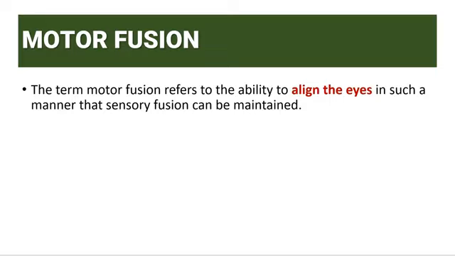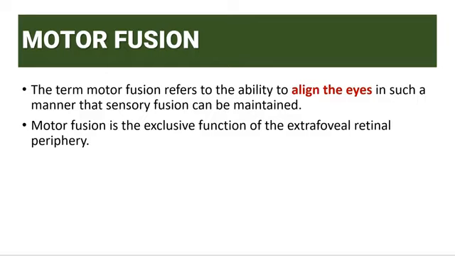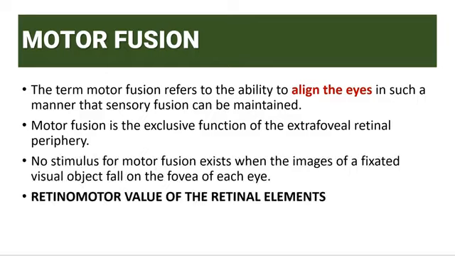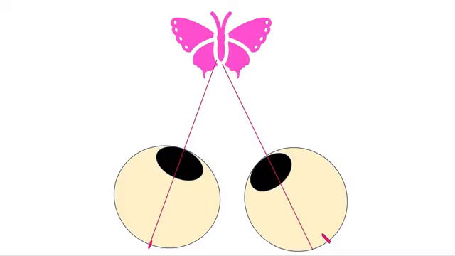When we talked about sensory fusion, we said that it occurs at the visual cortex level in the brain, whereas motor fusion is a special ability of the eyes to align themselves in such a way that the image is formed on the fovea. Here the eyes will move based upon their retinomotor value. Remember, I explained what is meant by the retinomotor value, and the retinomotor value of the fovea is 0.